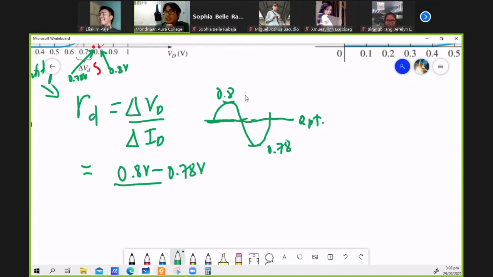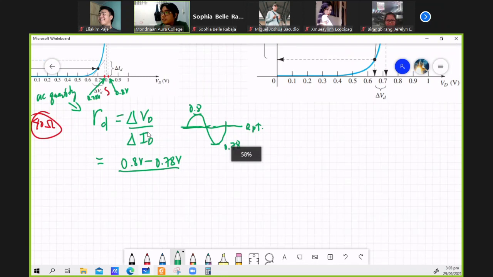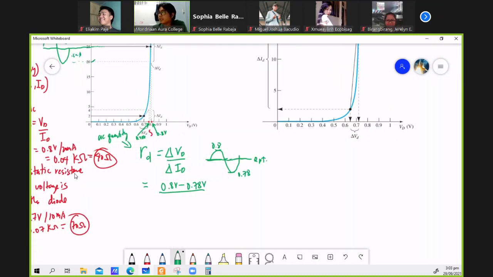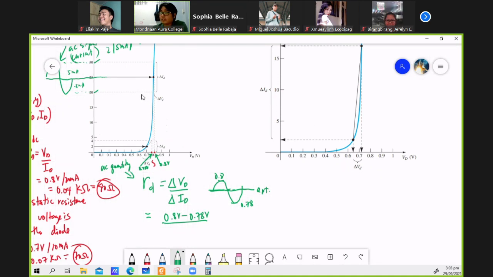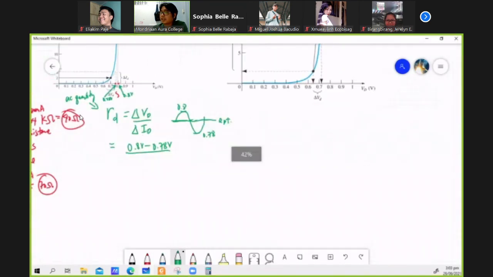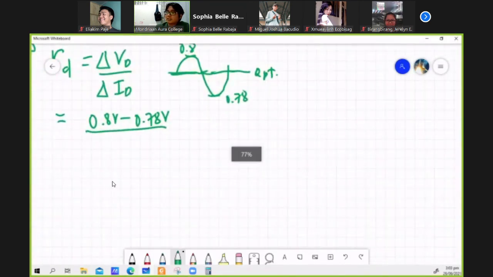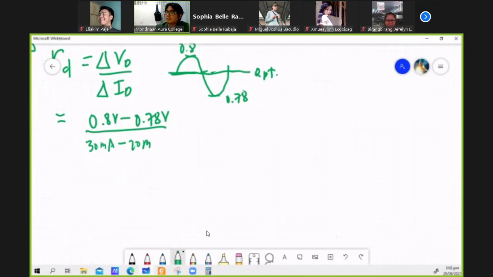Divided by, ano yung change in ID natin? Anong value na ulit? So that is equal to from 20 to 30. So madali lang. That's 30 milliamperes minus 20 milliamperes. So this is equal to 0.02 volts divided by 10 milliamperes.